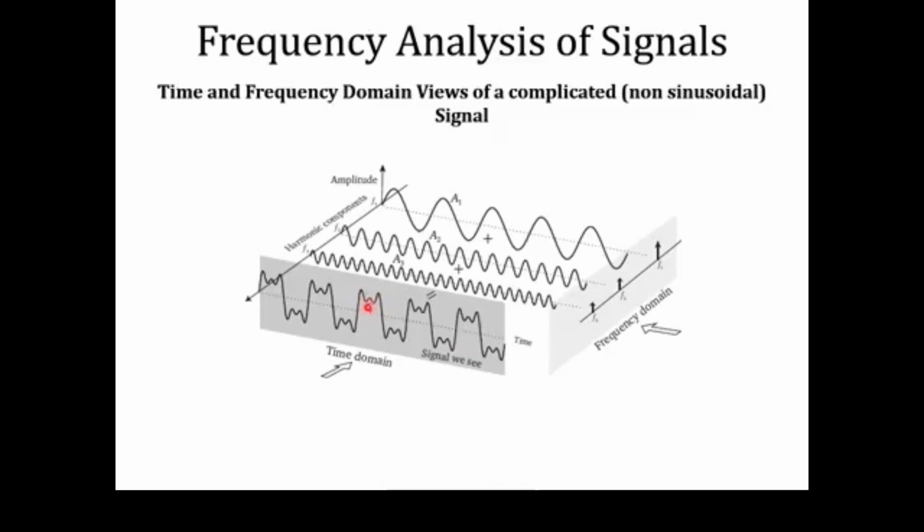How have we obtained this amplitude at time t naught? It can be obtained by summing the corresponding amplitudes of these three waveforms at time t naught. If you add the amplitude values of these three sinusoids at time t naught, you will get the amplitude value at that specific time instant. Similarly, we follow the same procedure in order to obtain the whole signal. So the resultant signal which we observe with respect to the time axis is this one.